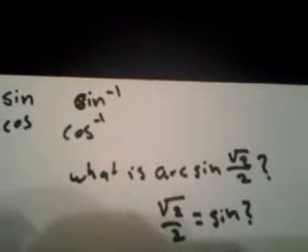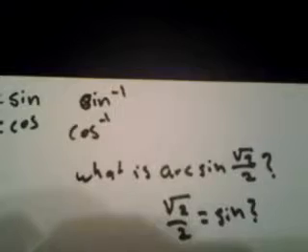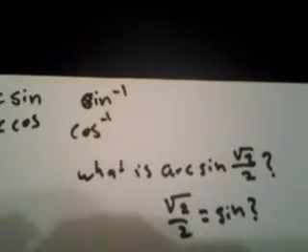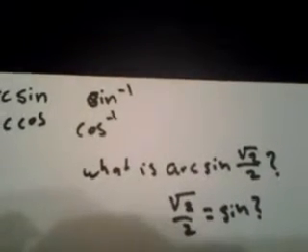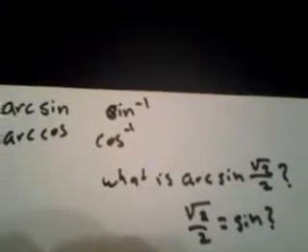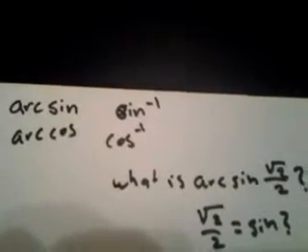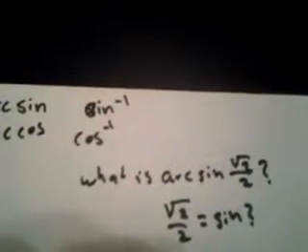And that is basically asking, given that the length of a triangle side is equal to the square root of 2 over 2, what is the angle necessary? And this is basically the opposite of the question that I just asked you before, what is sine of pi over 4? And you guys should probably realize that this is pi over 4.